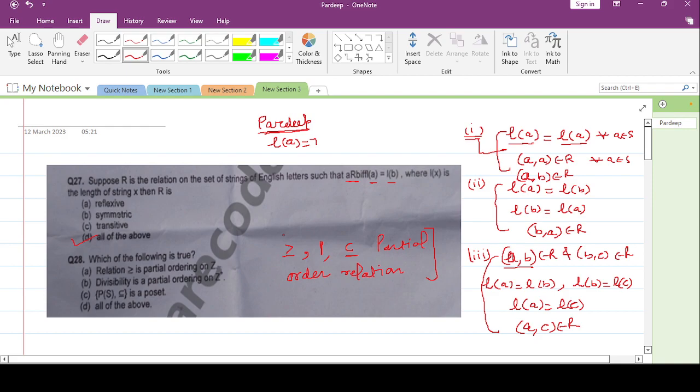We discussed all these examples, that greater than or equal to relation, divisibility relation and subset relation all form a partial order relation. So in the first option, greater than or equal to is a partial order relation, it is true. Divisibility is also true. Subset is also true. So which option is correct? All of the above. So this option is correct for this problem.